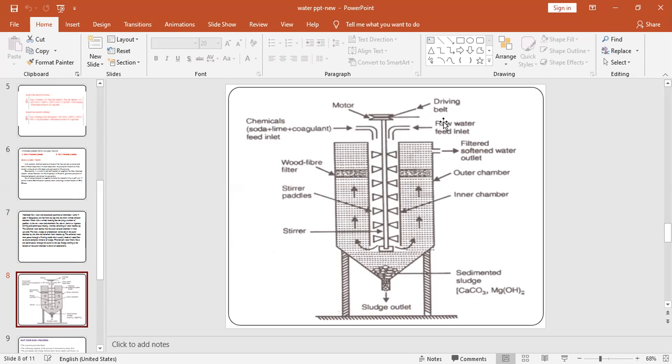Another inlet is for the addition of raw water. These are mixed together, and the hardness causing salts are simultaneously converted into insoluble precipitates, and the fresh water is collected with the help of pipes.